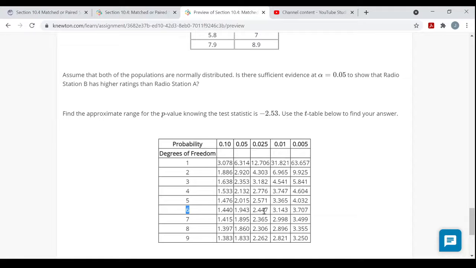And the area to the right of 2.447 is 2.5%. The area to the right of 3.143 is 1%, and our value is between those. So the area to the right of positive 2.53 would be between 1 and 2.5%, meaning that the area to the left, using the symmetry, the area to the left of negative 2.53 is also between 1 and 2.5%.